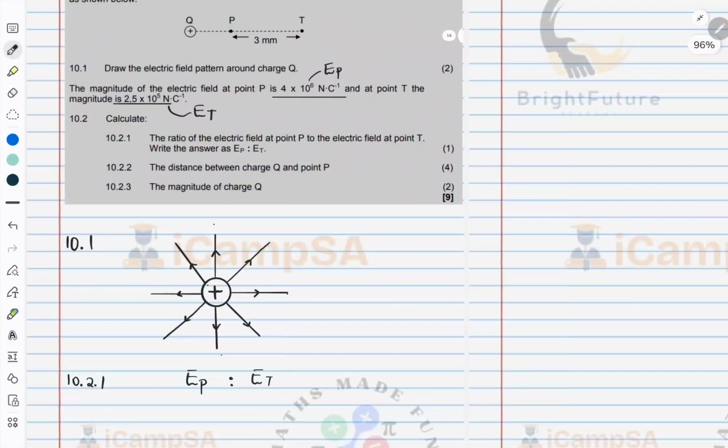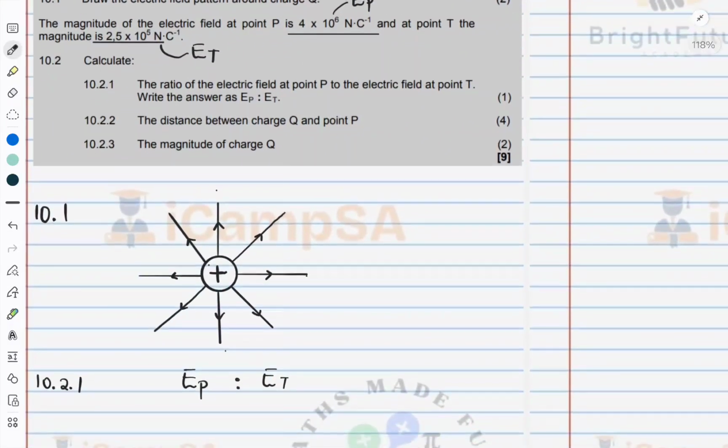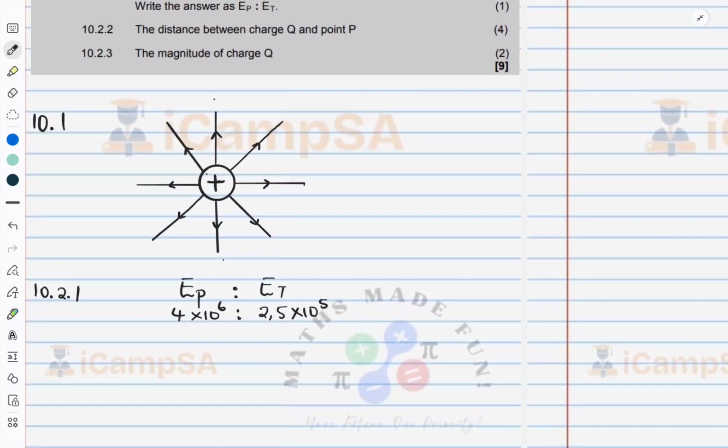So the ratio, if you remember from grade 9, you would have EP, we said, is 4 times 10 to the 6, and ET is 2.5 times 10 to the 5. Remember, when you're finding a ratio, you take the smallest number between the two and you divide everything. So you divide this side by 2.5 times 10 to the power 5, and this side by 2.5 times 10 to the power 5.